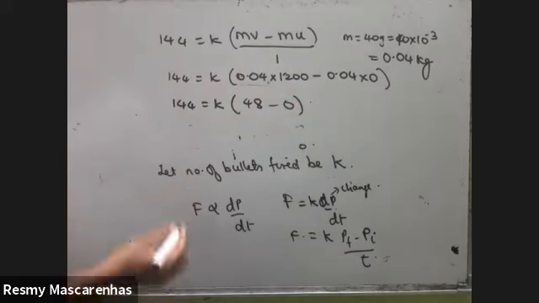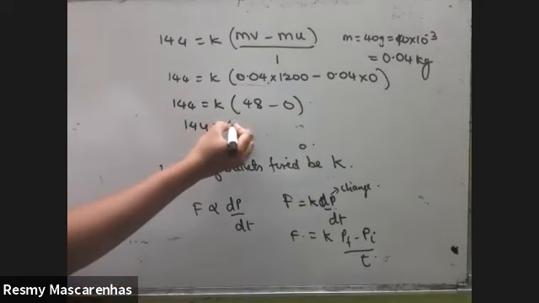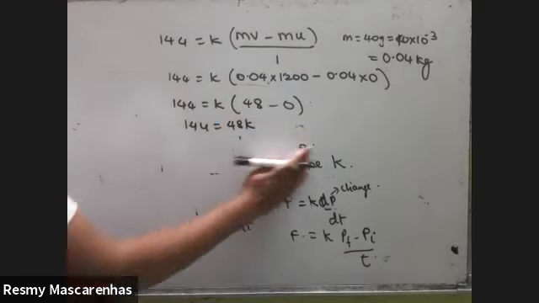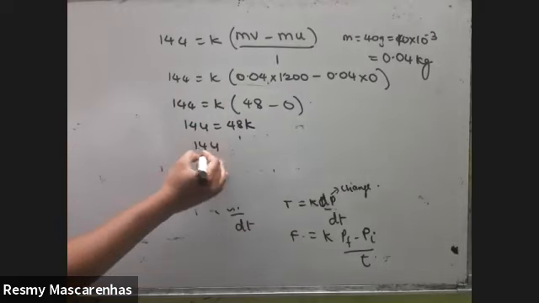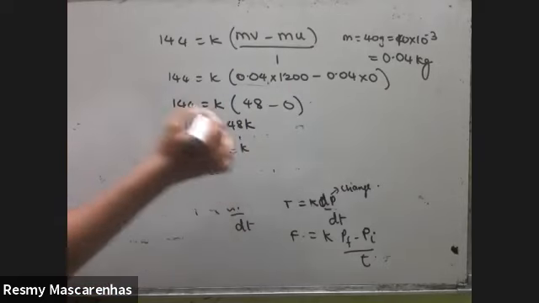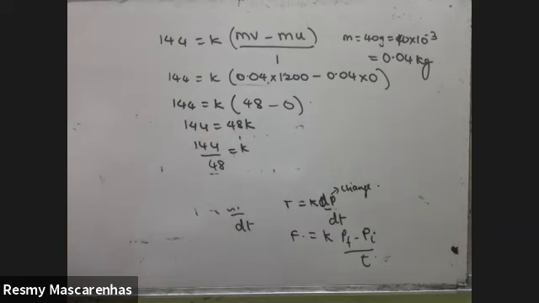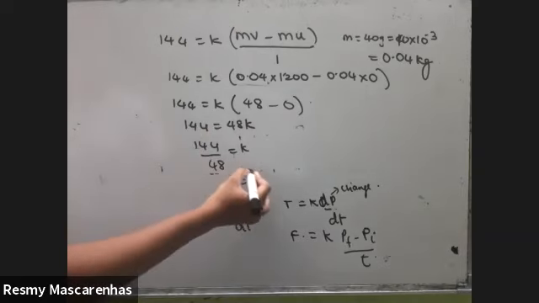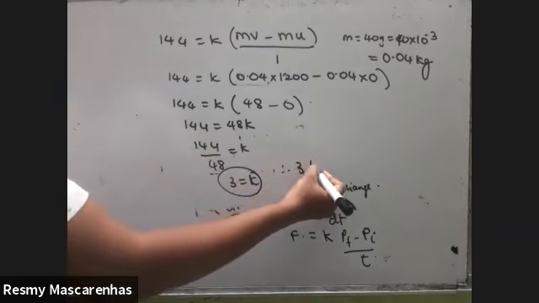And this is 0. So 144 is equal to 48K. So 144 upon 48. We calculate K is 3. Therefore, 3 bullets will be fired.